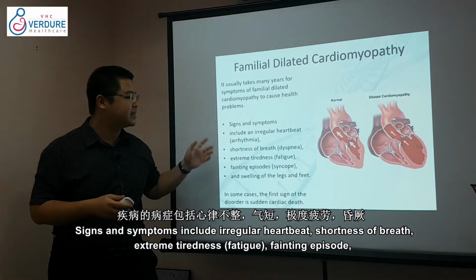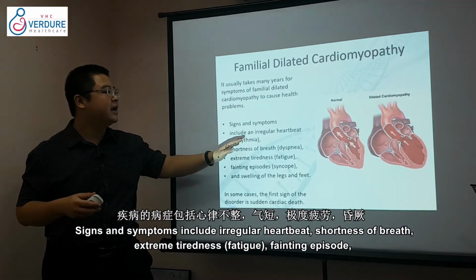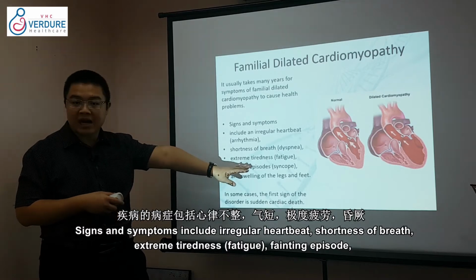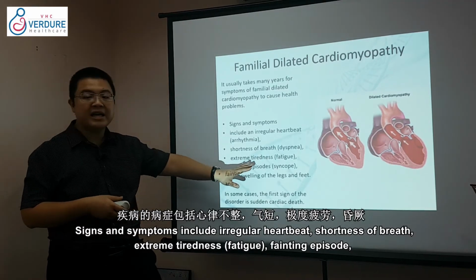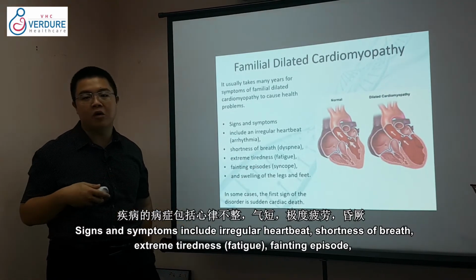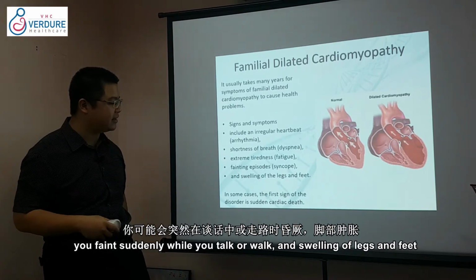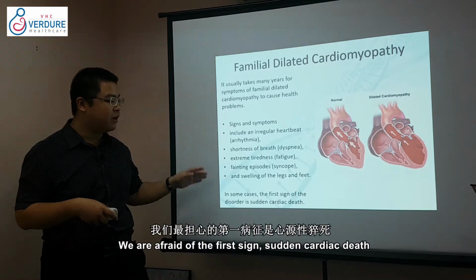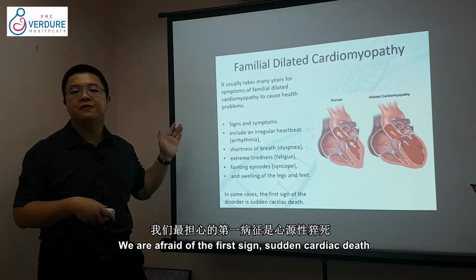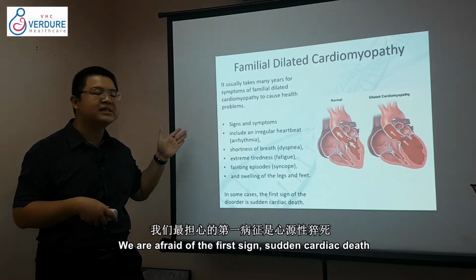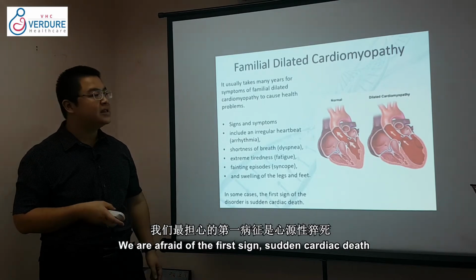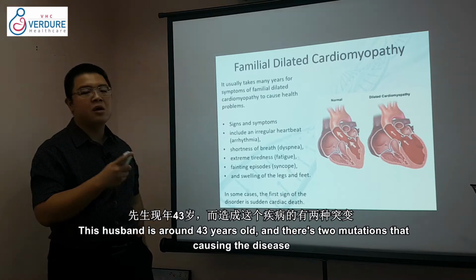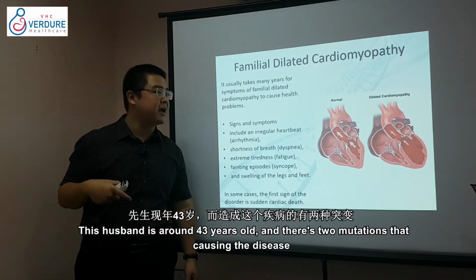Sometimes the signs and symptoms include irregular heartbeat, shortness of breath, extreme tiredness or fatigue, and fainting episodes, so suddenly when you're walking or talking to people, you faint, and swelling of the legs and feet. What we are afraid of is that the first sign would be sudden cardiac death. This husband is already around 43 years old when they came in.